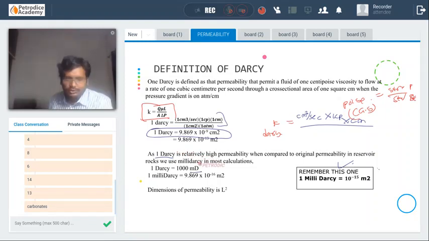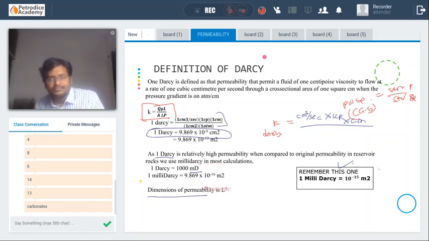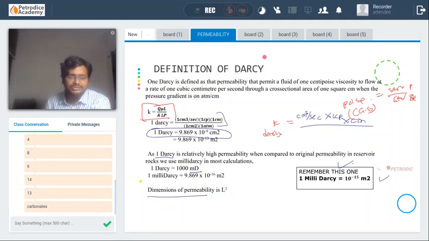So 1 millidarcy is equal to 10 to the power minus 15 meter square. The dimension of permeability is length square. So do write it and try to remember this one. I have given you this millidarcy formula in the unit conversions also.